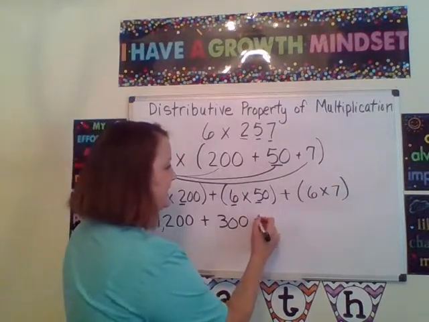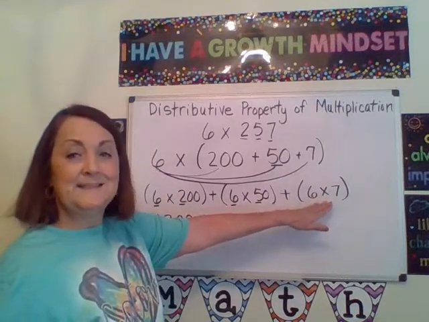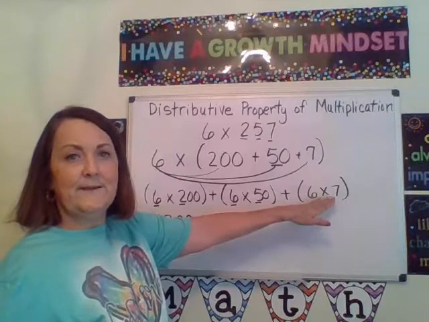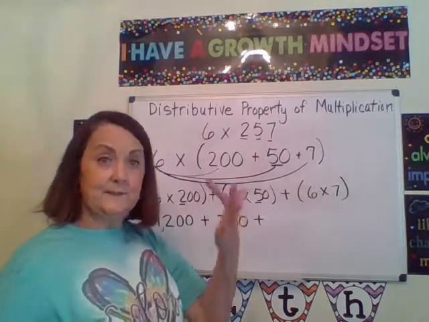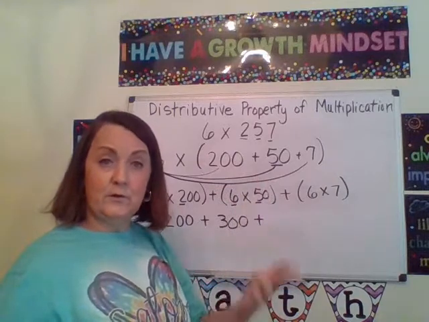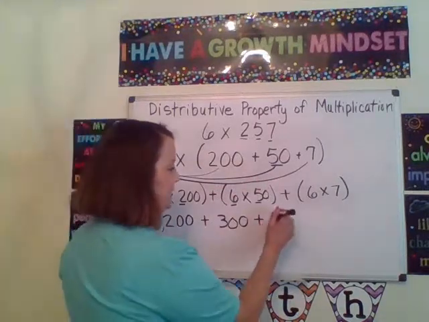And then our last multiplication partial product, 6 times 7, 6 groups of 7 or 7 groups of 6. Got to know your math facts. 6, 12, 18, 24, 30, 36, 42 is 42.